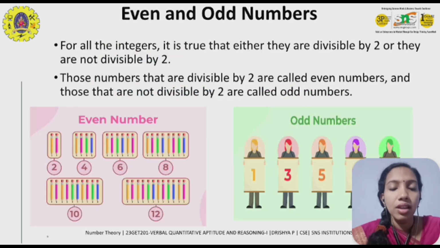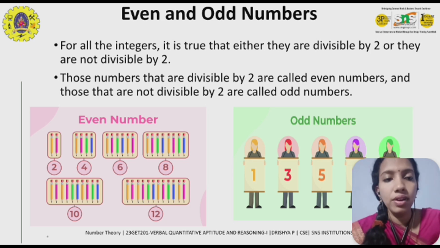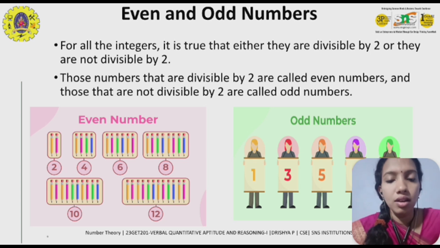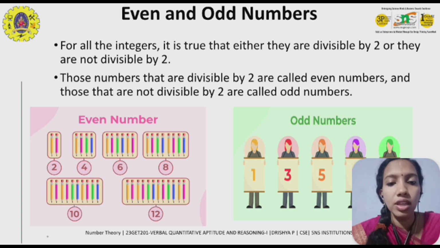Then we go more deeply into the types of numbers: even numbers and odd numbers. For all integers, it is true that either they are divisible by 2 or they are not divisible by 2.